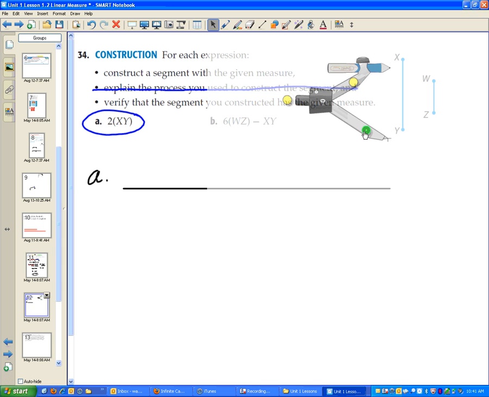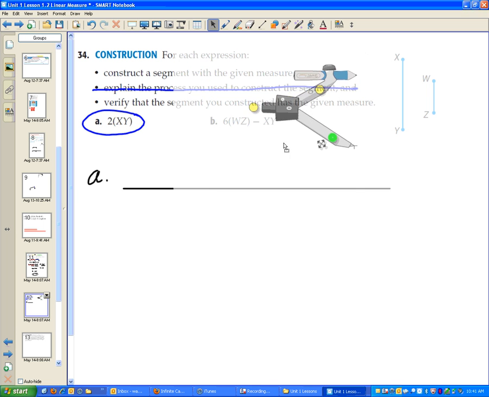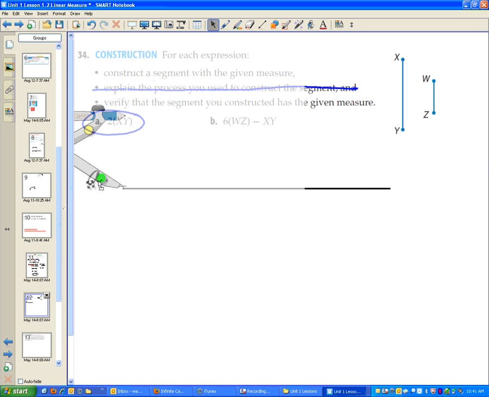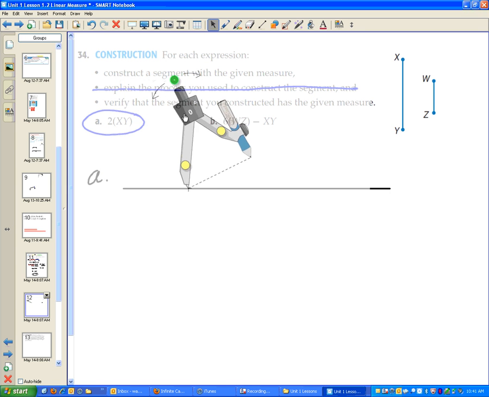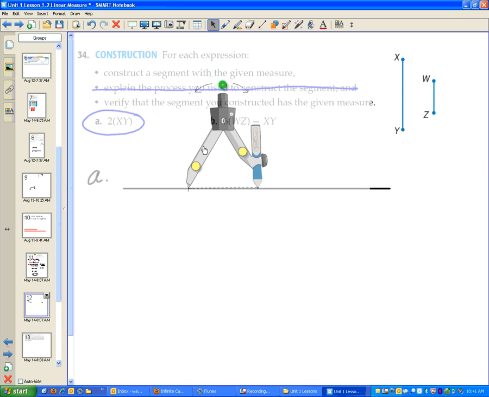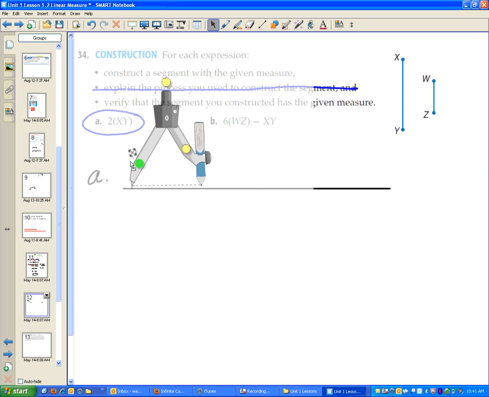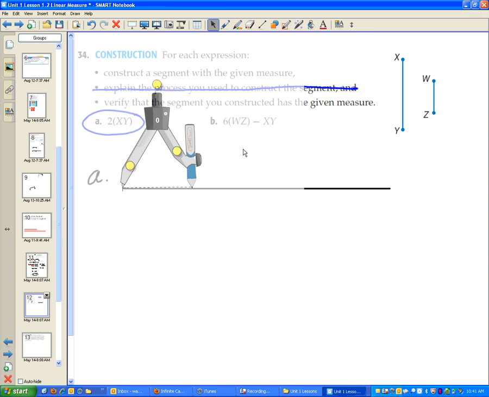All right? Once we've done that, everybody got xy on their compass? All right, put the point at the end of that big long segment you drew, like so. Make a mark.